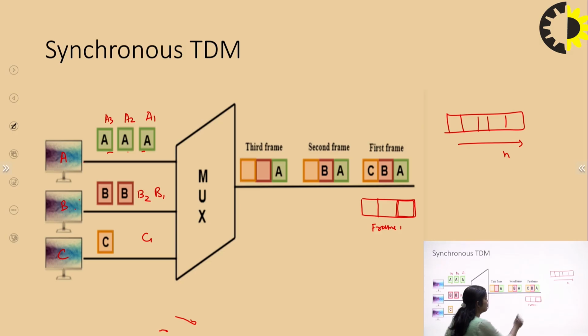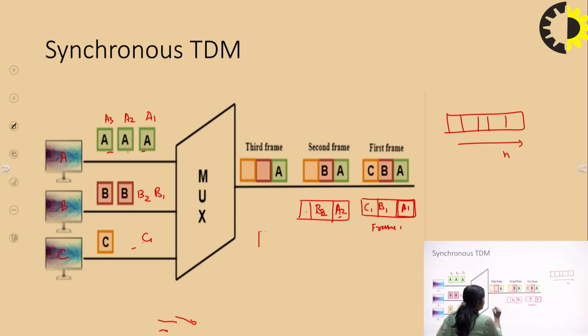So, here there is A1, next is B1, and then C. In the next time frame, there is A1, B1 and C1. Next is B1 and B2. This is for A2, meaning for station A. And C has no particular frame at this time, so this C slot will be vacant.